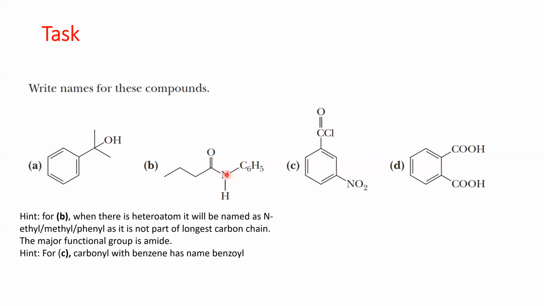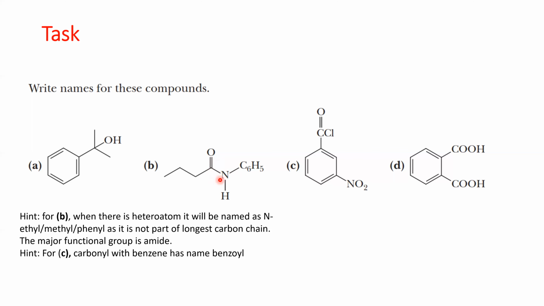So for example, there is N. Wherever we are mentioning the substituent, for example, there is a phenyl group attached to this one, we will write N phenyl to mention that this phenyl group is attached to the N, because right now we can't mention the position of a carbon, because this is not attached to a carbon. There is a heteroatom, and this is breaking the longest chain.